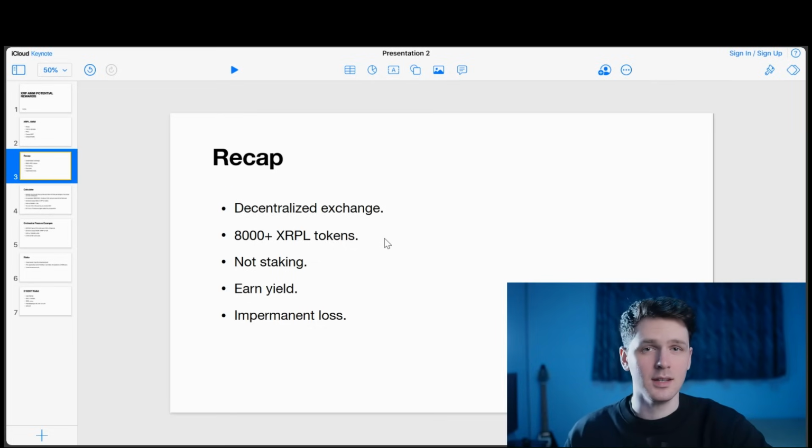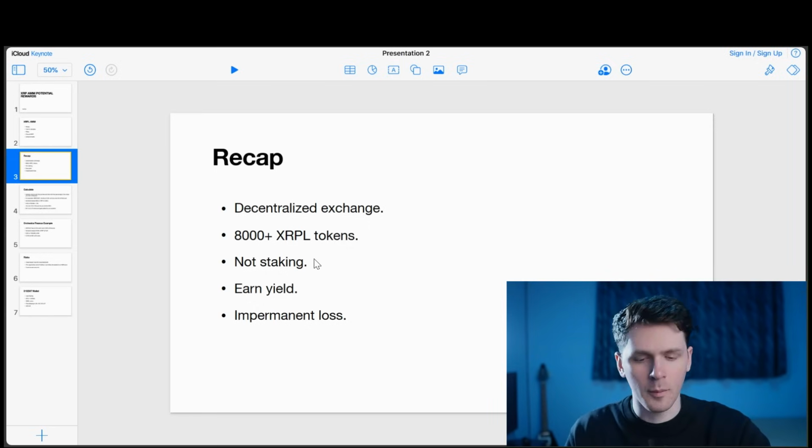So you don't actually need XRP. And on to point number three, this is not staking. You are lending your XRP to be bought and sold so that others can trade, and you are earning a fee from that. So you're earning yield from market making, volatility, and the continuous auction mechanism.